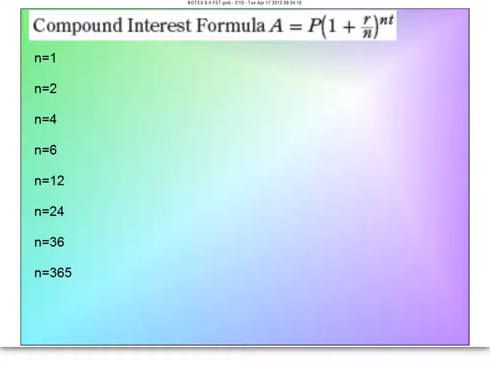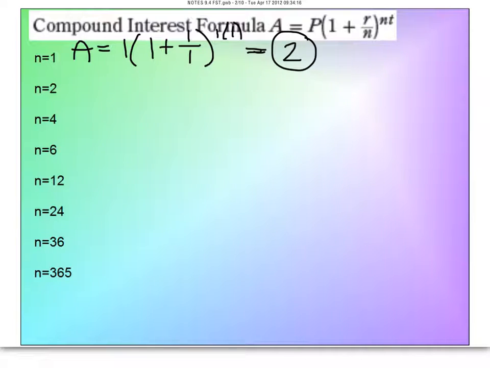Imagine someone's at the bank and they hit the button and say compute the interest. So this first equation would be: our ending amount is our starting amount of $1 times 1 plus the rate of 100%. Now n is just 1, and we compound it once a year for 1 year. When you do this, you're going to have $2 in the bank.